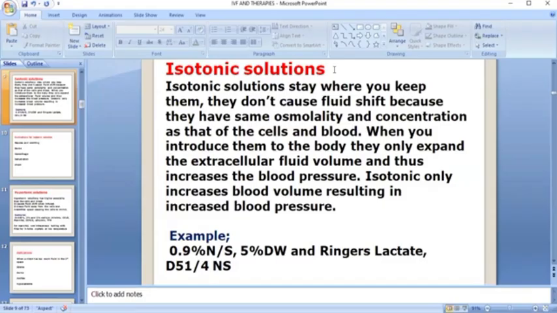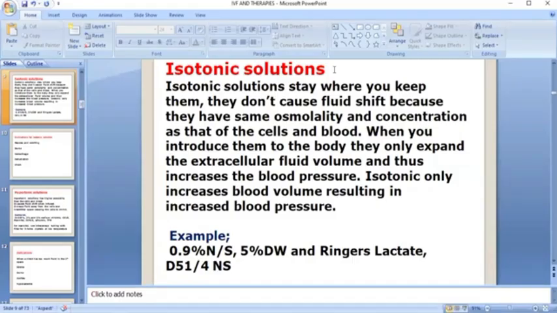If you introduce an isotonic solution IV, it remains there. There is no fluid shift, because the solute concentration and osmolarity of the fluid are the same as what we have in our body cells and the blood. So we don't have movement here.